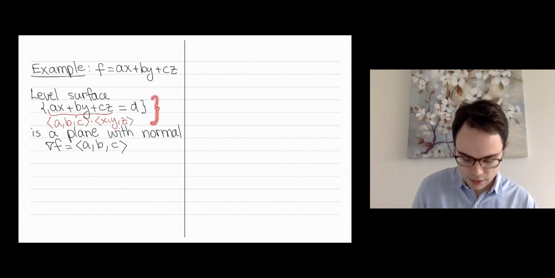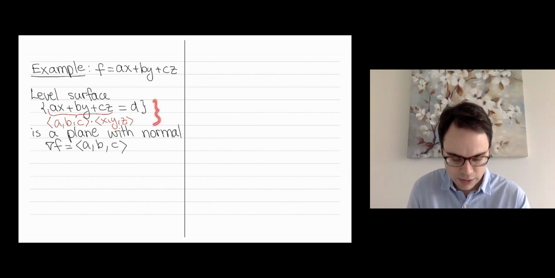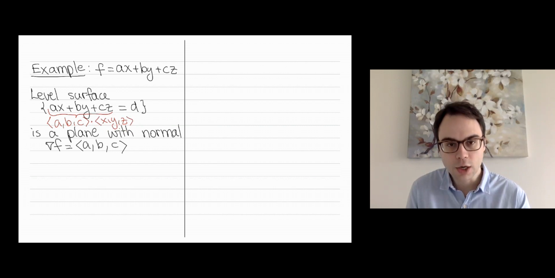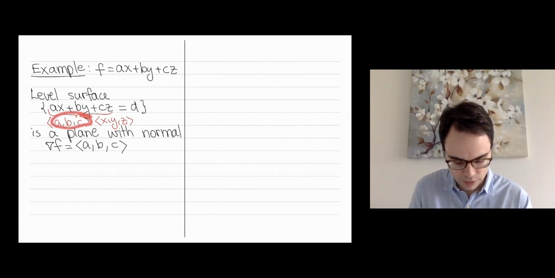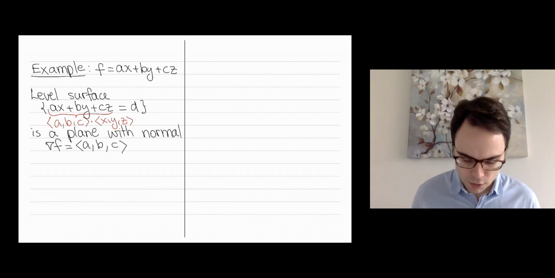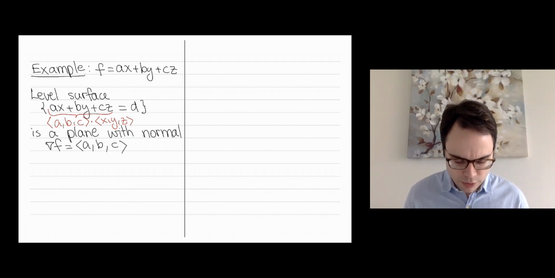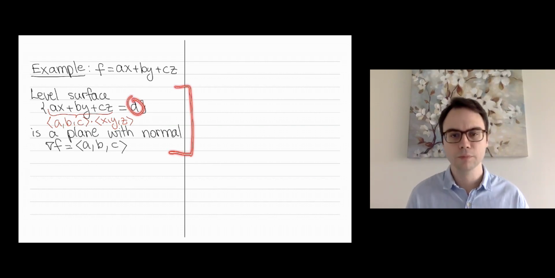So this plane consists of all points XYZ such that the dot product of the position vector of that point with ABC is equal to D. Okay, so let's try to understand this statement in the case where D is 0.